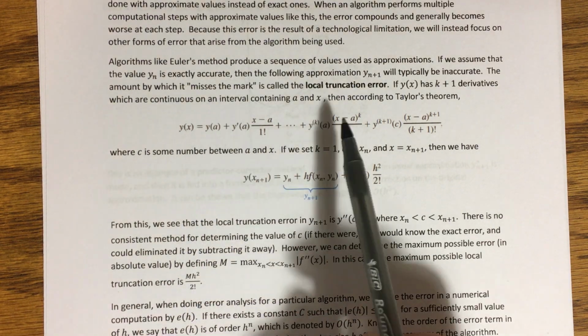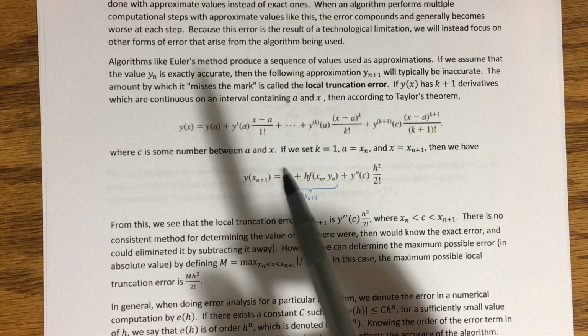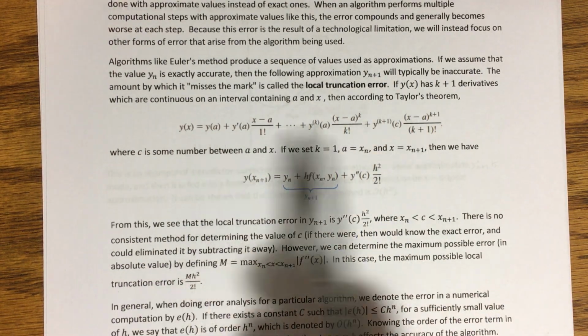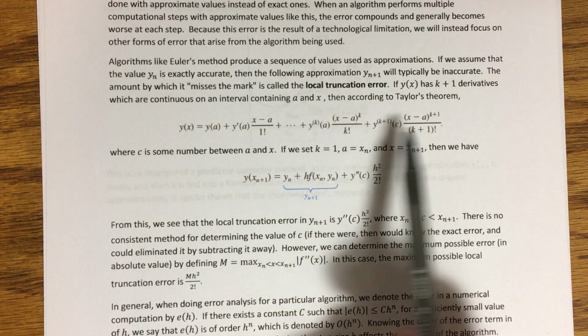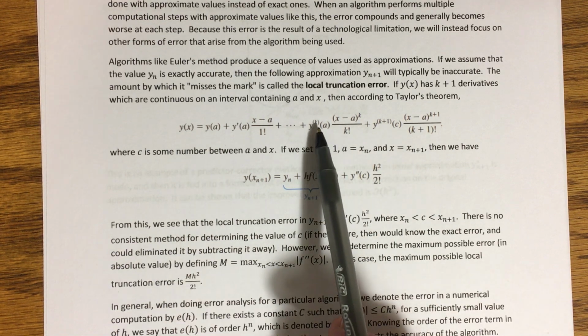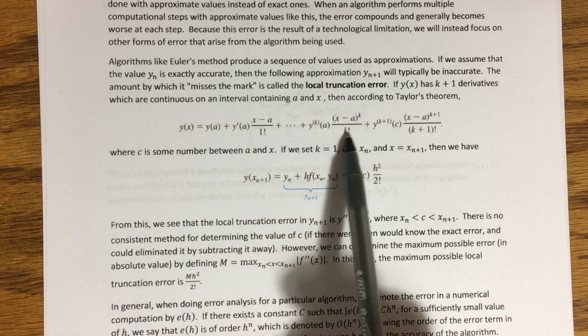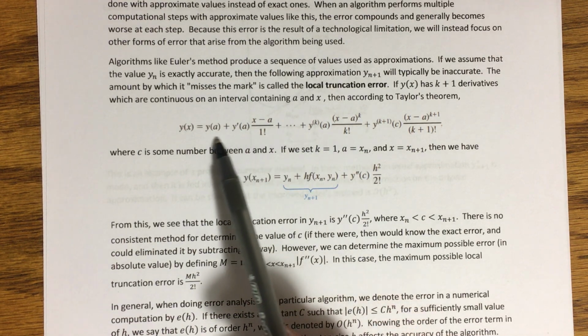But the function y of x, if it has k plus 1 derivatives continuous on that interval, then Taylor's theorem applies as far out as the kth derivative here. This is what the kth Taylor polynomial of that function y of x about the number a would look like.